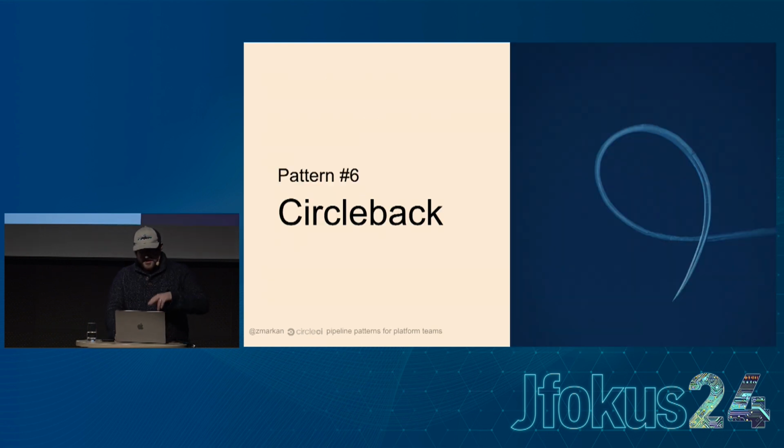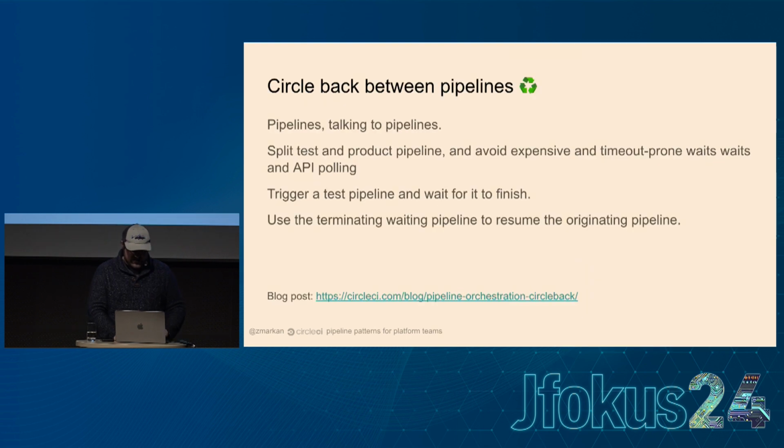An extension of that I call circle back, pun intended, is when you want to get a pipeline talking back to the originating pipeline. So if you trigger it on one side, the other one then waits for the offloaded work to complete. Super useful if you have some common testing scenarios and you don't want to keep a job spinning and spinning and spinning.